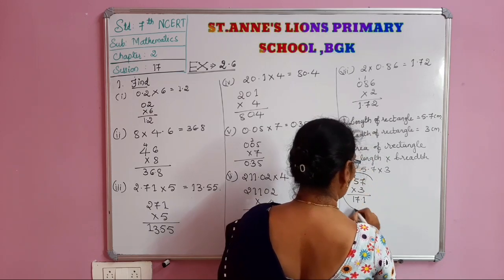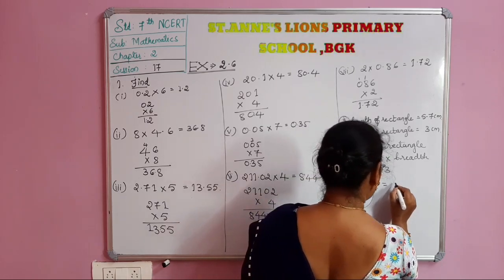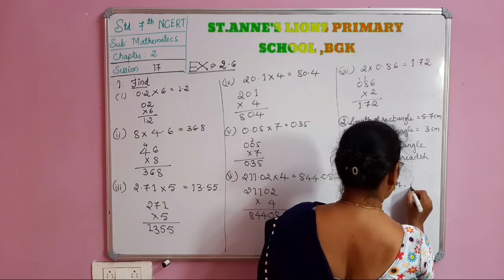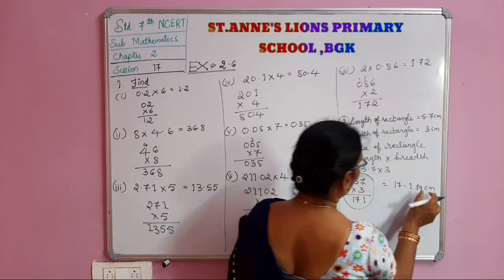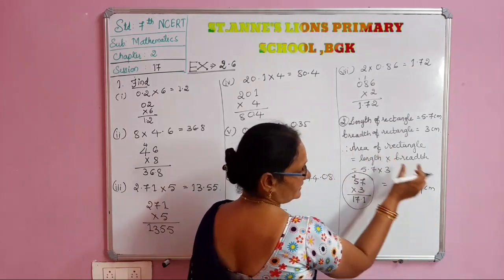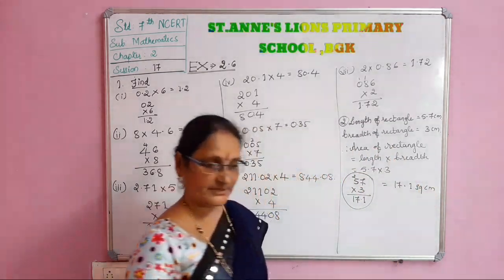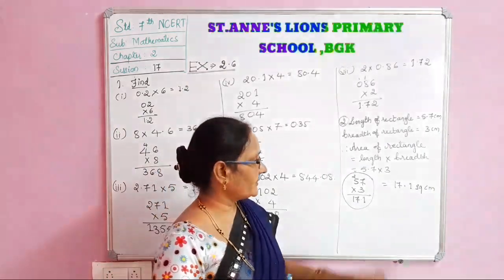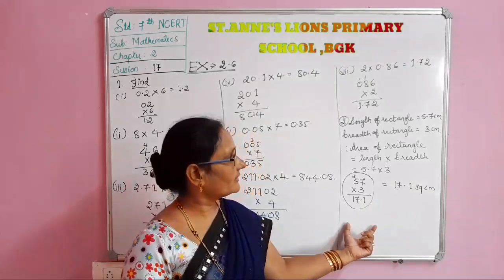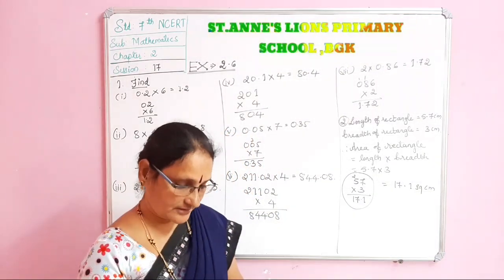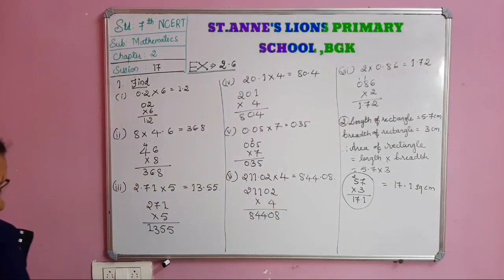This you can do in the working column also. This is nothing but 17.1 square centimeter. Why square? Always area should be written in the square units. Please remember, area should be written in the square units. So this is the second main in the exercise 2.5.